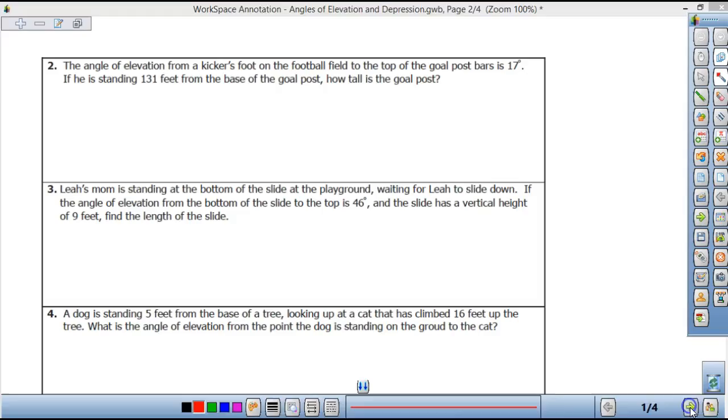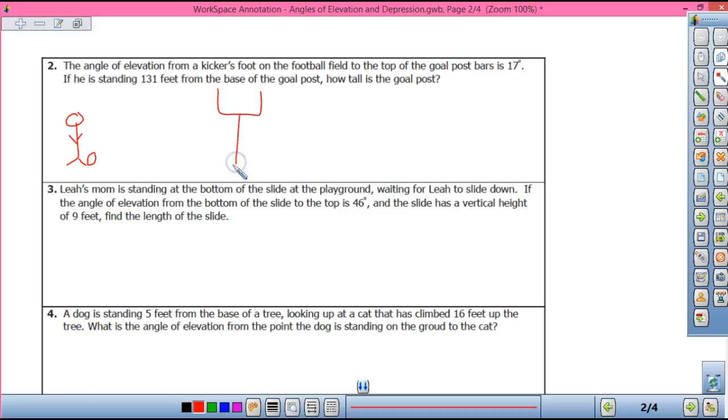So number 2, we've got a kicker. He's got a football on his foot right there. So goalposts. Kick a field goal out of the jar.